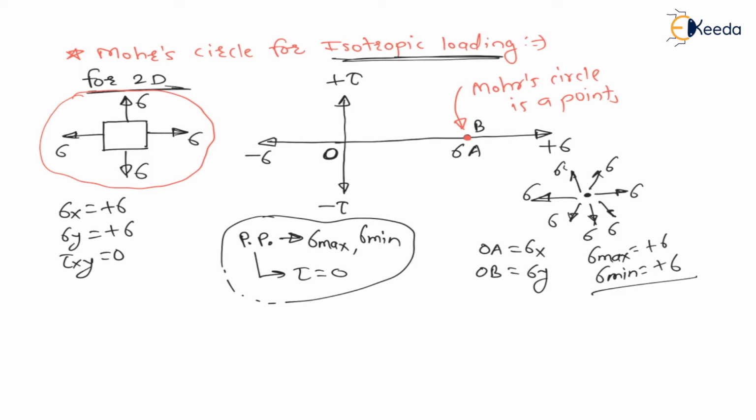Sigma max and sigma min here are the same, that is plus sigma. And along all the planes the y coordinate is always 0. Means on all planes, can I say tau is 0, shear stress is 0. Therefore if Mohr's circle is a point, then all the planes are principal planes.